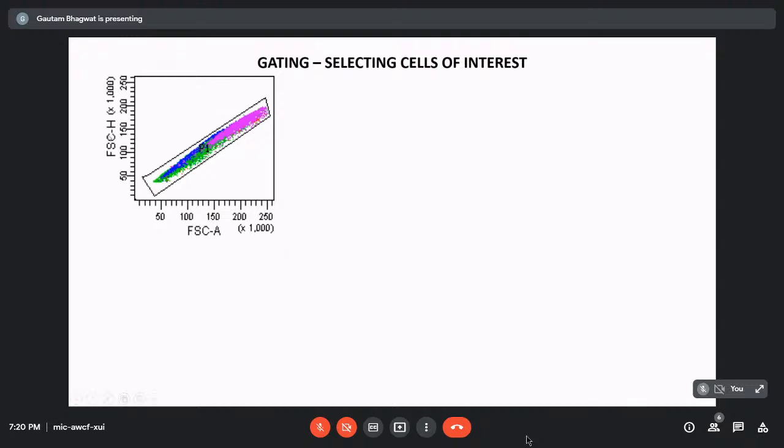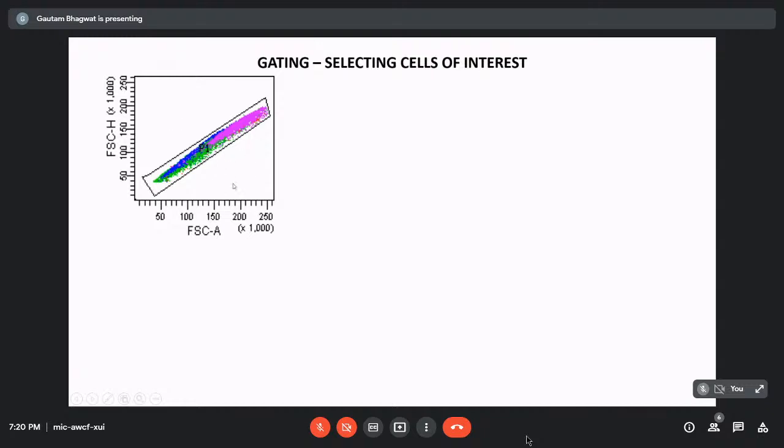So for example, the first graph is forward scatter height versus forward scatter area. Now don't go into what area and height are defining, but we know forward scatter is directly proportional to the size. So all those cells which are present over here or over here, these cells have more forward scatter.